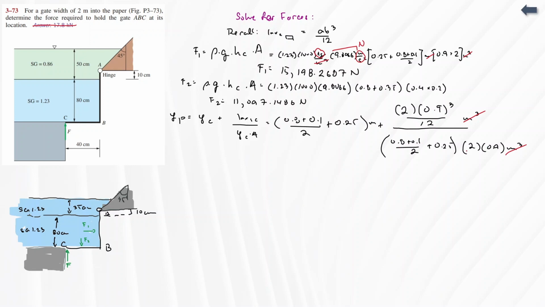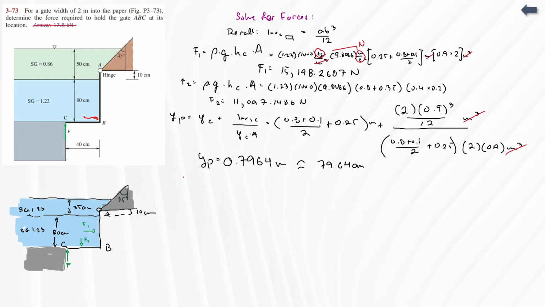Ito yung YC, ito yung area. So, ito yung YP ng F1. That's going to be 79.64 centimeters, which makes sense because the greatest force should be exerted somewhere here, most close to 80 centimeters.